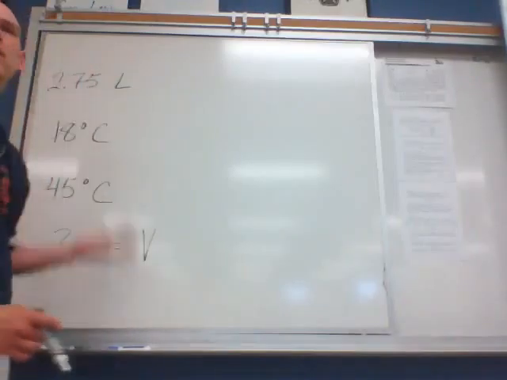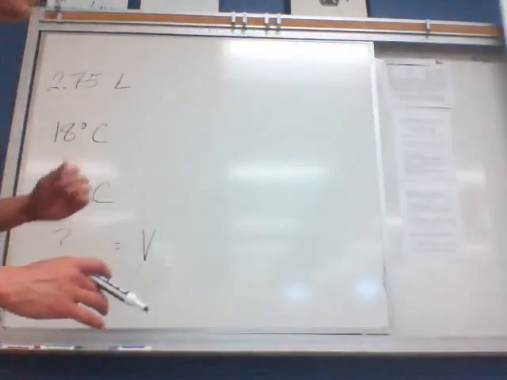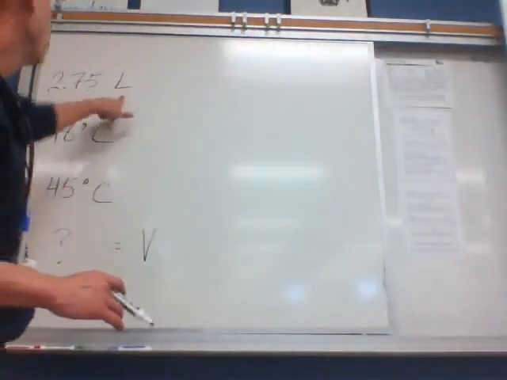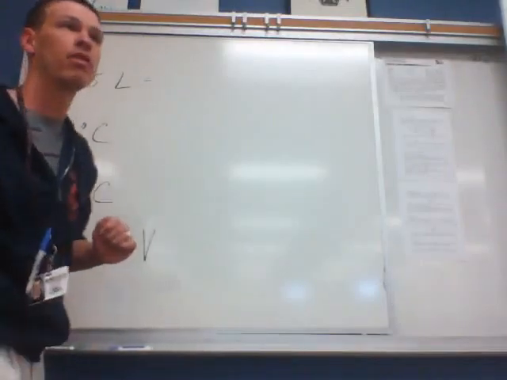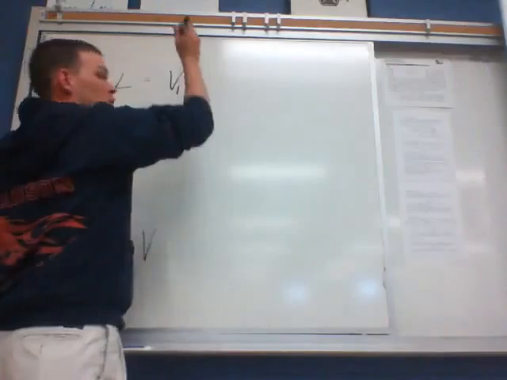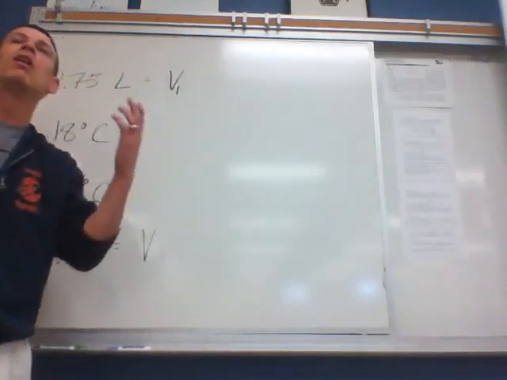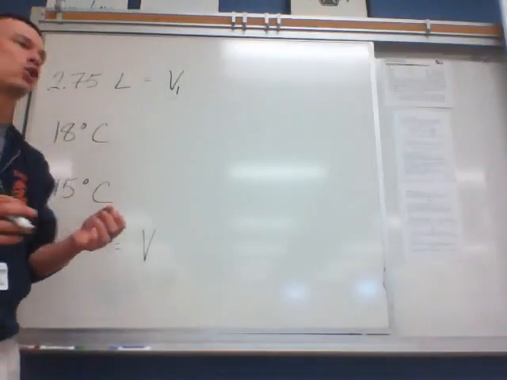Now, you should be familiar with these units, but again, if you're not, look at the whiteboard over there or on your cheat sheet. It's near the top in the Combined Gas Law section. What is liters units of? Volume, all right? And that is the first volume in my list. That's what the 1s and 2s stand for in the equation.